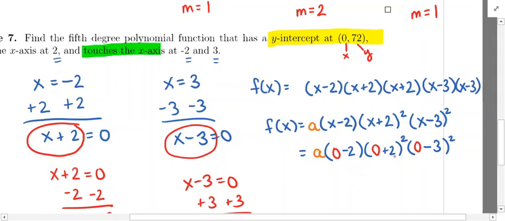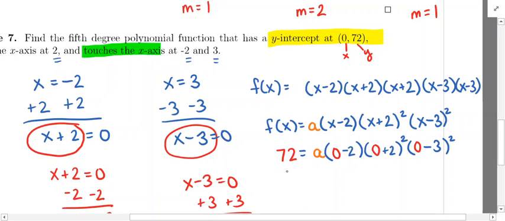So we've plugged in x equals 0 on the right side. So if x is 0, f of x or y has to equal 72. This is going to leave us with just a as a variable, and we're going to be able to solve for it.